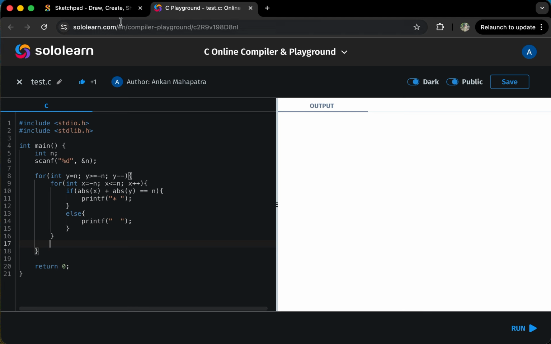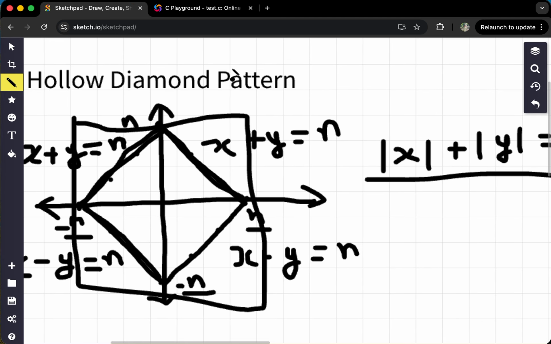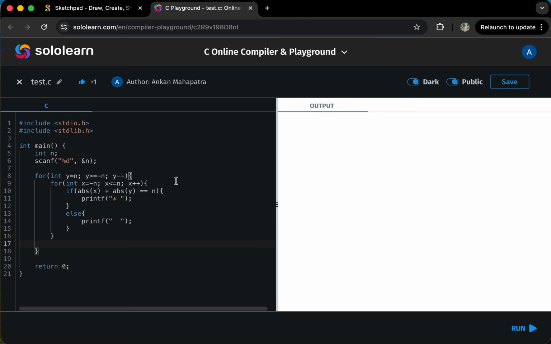After iterating over all the points in a given line, we have to go to the next line. So for that, we'll print a new line. So yeah, this is the code.